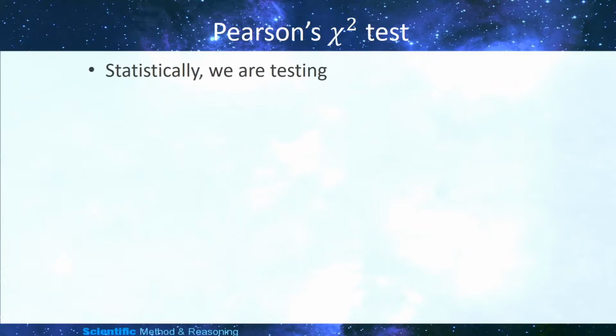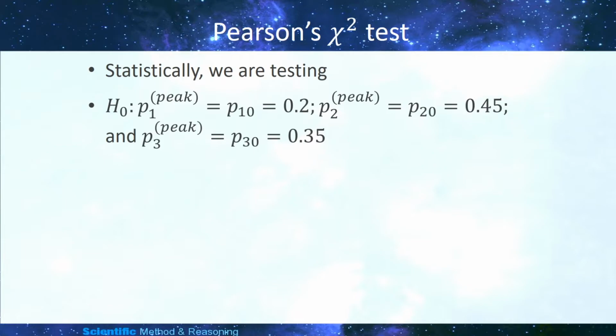And statistically, we are testing the null hypothesis that the proportion of upper class people at the Peak, P1 Peak, equals P1 naught. And this hypothesized value is known to be 0.2 because we are comparing this with the Hong Kong population proportion.